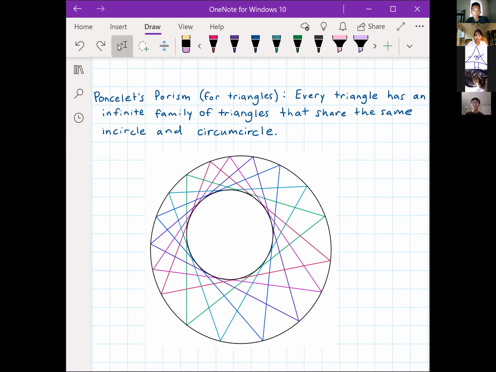I guess it was this idea of an infinite family of triangles. And I think it was because this seemed to mirror the feelings and experiences that I was having in the REU. So just for a bit of context, I had never really felt confident in my mathematical abilities.